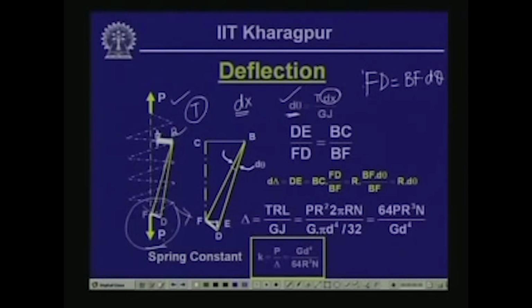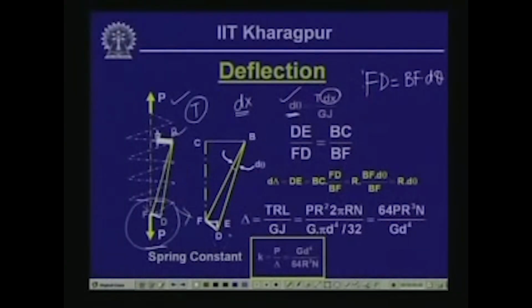Since the spring has a number of coils, and this horizontal component is produced by each of these segments, the horizontal components at diametrically opposite points in the spring will cancel out. So, the component remaining is the vertical one, and the vertical component here is dE, the distance dE.